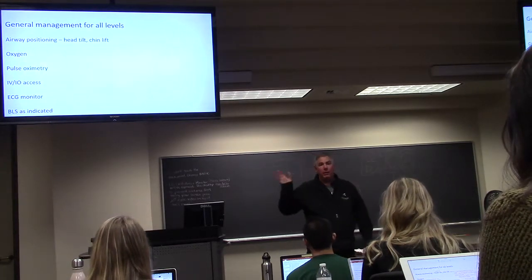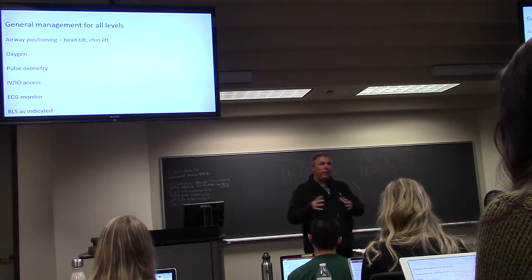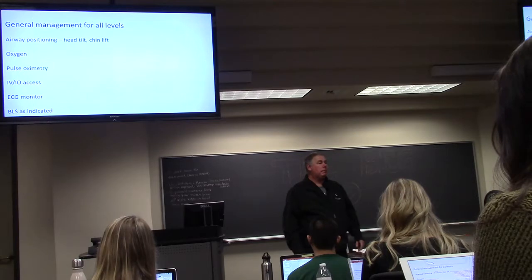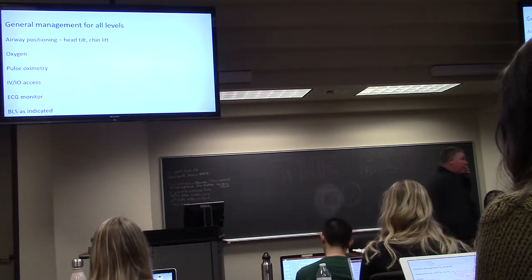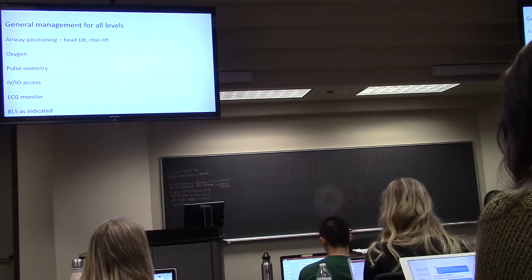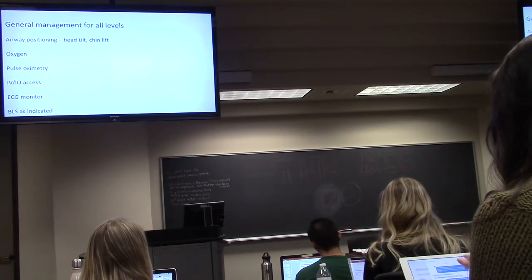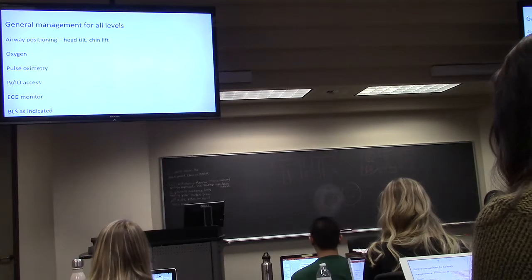You get them on a monitor. I'm not talking about a 12-lead EKG. Get them on a monitor. And do basic life support as indicated. If you remember basic life support in peds, if they are unconscious but have a pulse and it's less than 60, you need to be doing chest compressions.